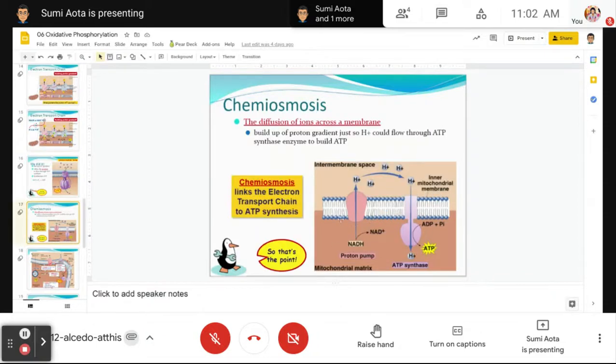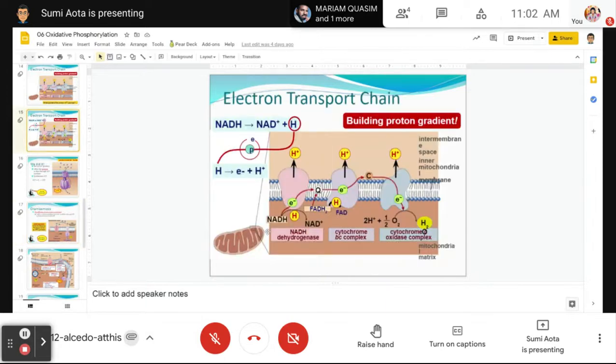When they do those redox reactions, every time this NAD passes electrons onto this protein, and then this electron moves to the next part of the electron transport chain, an H plus is moved from the mitochondrial matrix to the inner membrane space.